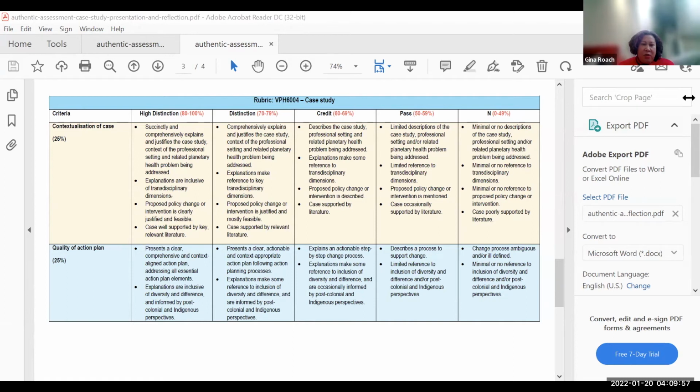Critical reflection is so big and there are so many different ways to measure it. So use any of those as a guideline to do that part of the task. So yeah, I'm with you there. It's very big, isn't it?